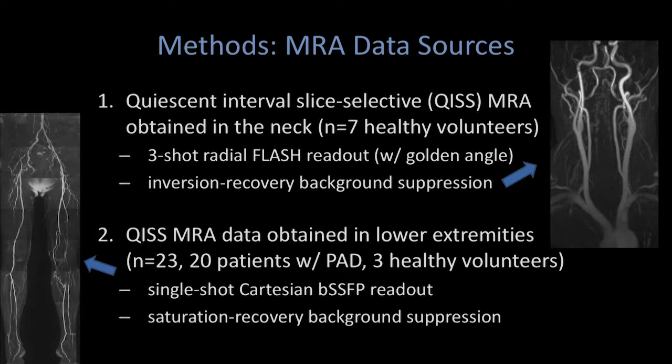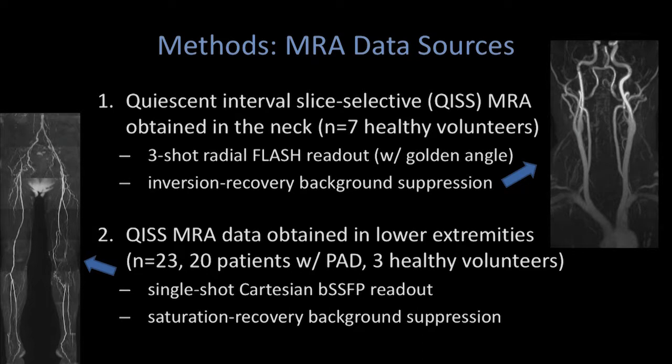We had KISS data acquired in the neck using a 3-shot radial balanced SSFP readout with a golden angle acquisition scheme, which allowed us to generate a single shot image from just reconstructing the first shot, as well as a 3-shot counterpart, which was generated from reconstructing all the acquired shots.